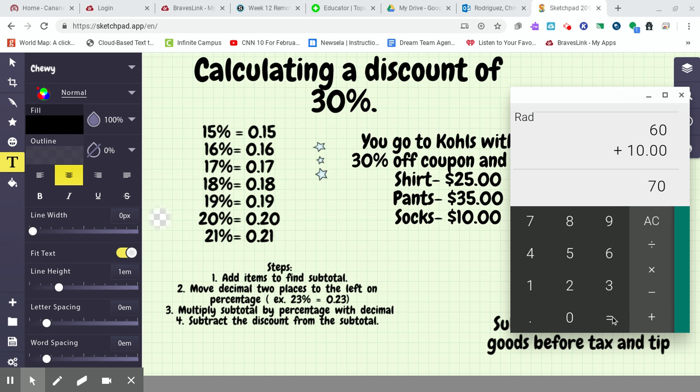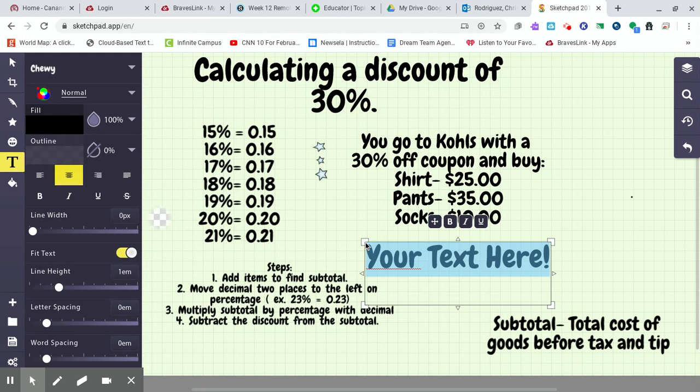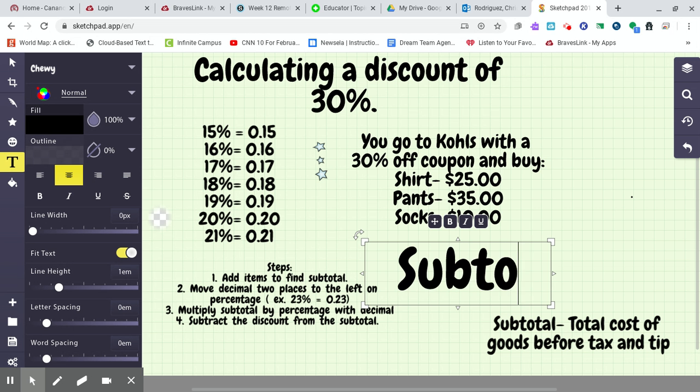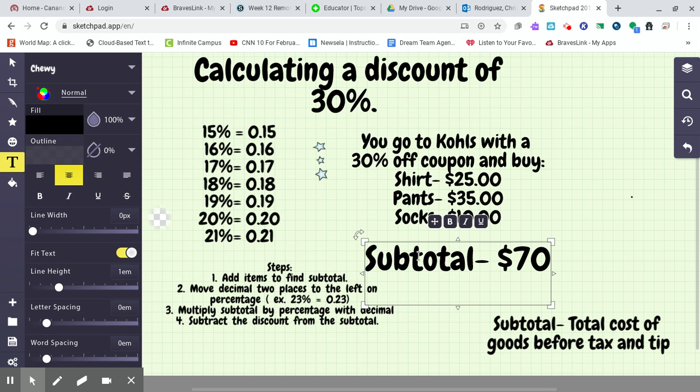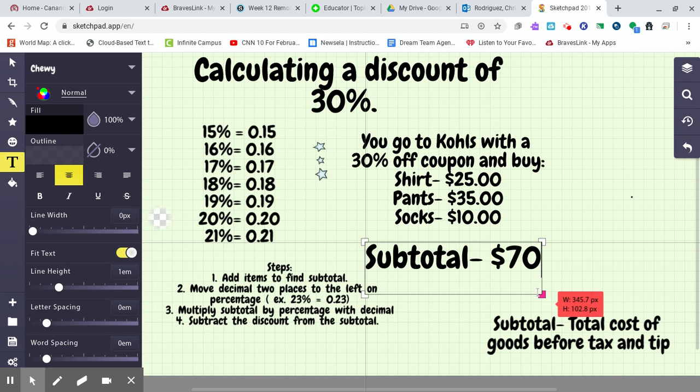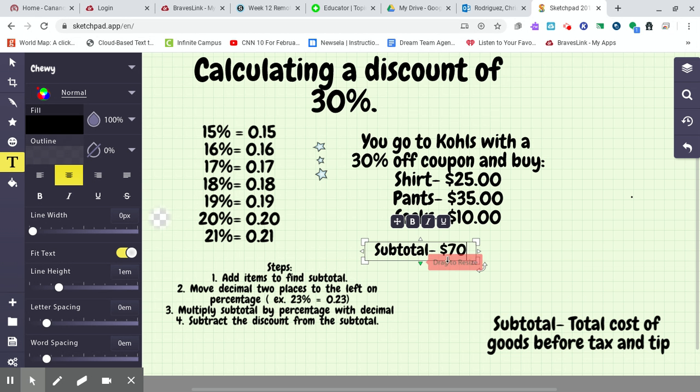All right, so I have a subtotal of $70. So the amount that this is going to cost me before my coupon is $70. So I'm going to write that down. Subtotal is $70. Got to remember that.